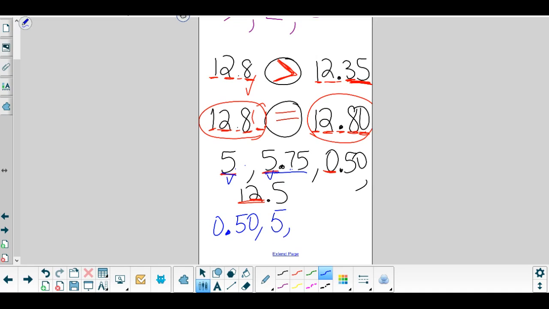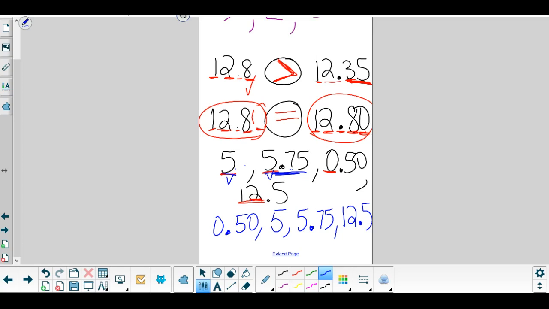And then the one that comes after it is our 5.75, because that would be the next biggest. And then lastly, it would be our 12.5, because 12 is bigger than 5. And that is how we put them in order, from smallest to biggest.